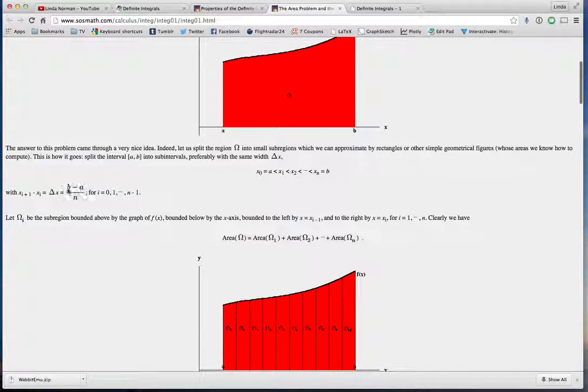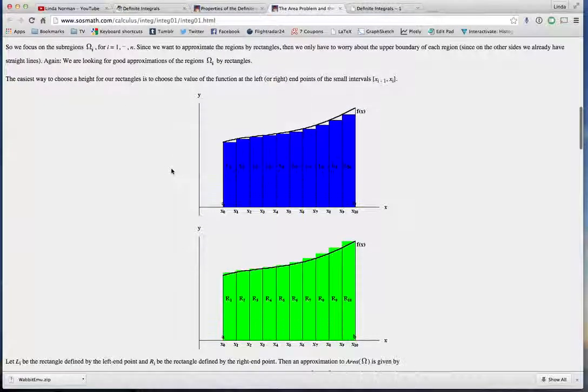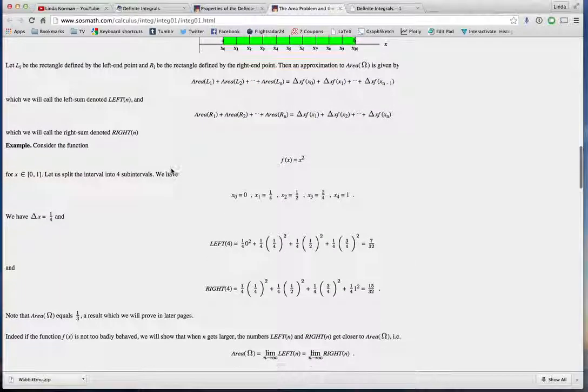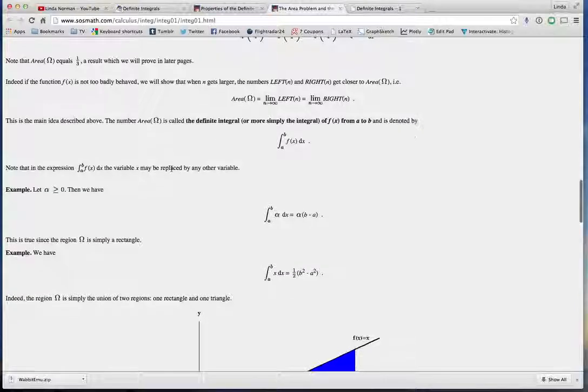That ends up being the width of your rectangles. If we let n go to infinity, then we have the entire solid area under the curve filled in, and by summing those up, we get the area under the curve. So this ends up being our definition for the definite integral.